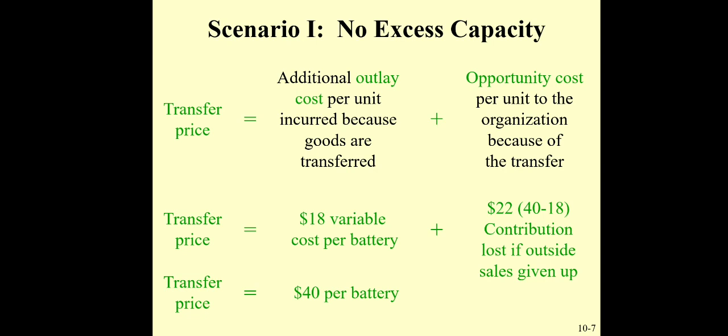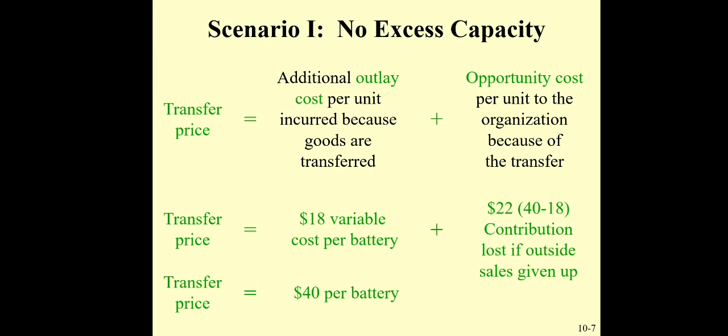Plus opportunity cost per unit to the organization because of the transfer. The opportunity cost is the amount that the selling division has to sacrifice when it sells the battery to the buying division. In this scenario, the opportunity cost is $40 minus $18.